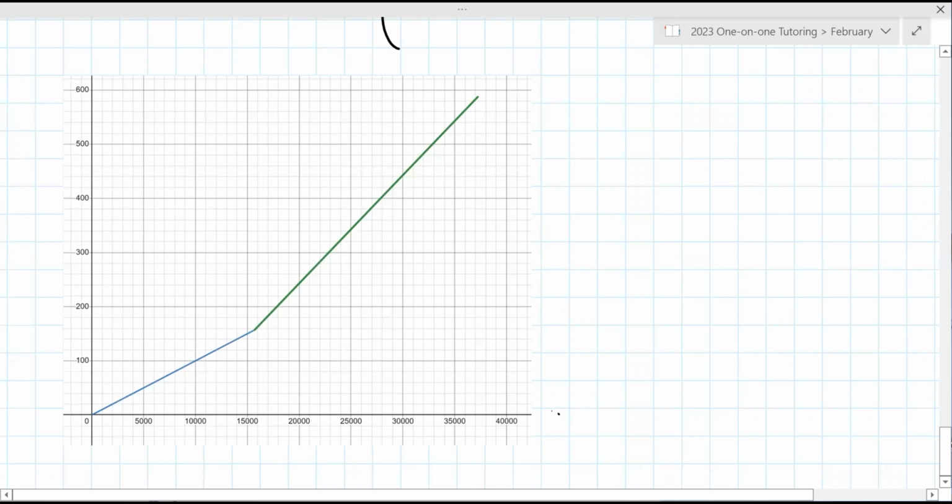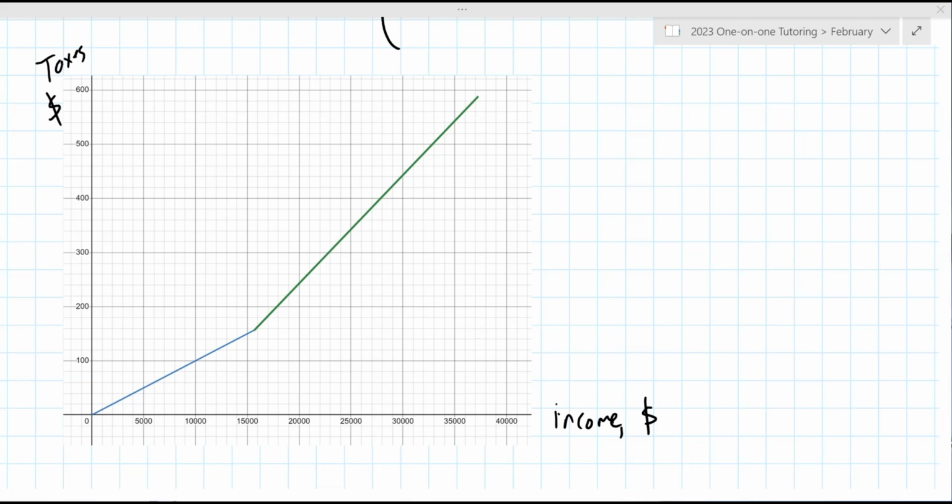Okay, so this is your income in dollars, and this is your taxes in dollars. So sometimes you have the same units on each axis, depending on the problem.